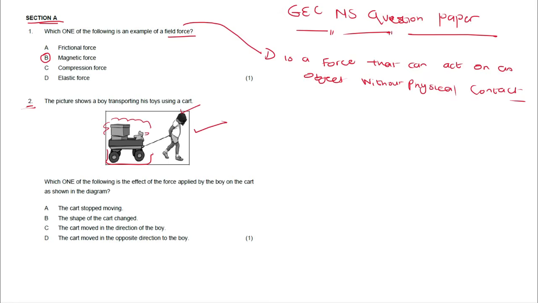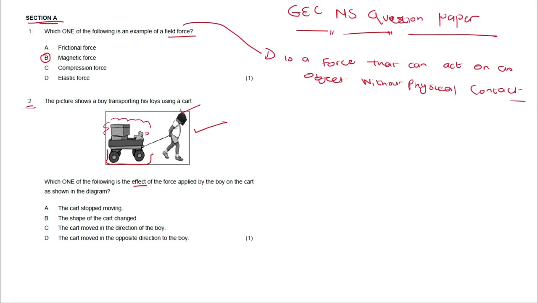The question says, which one of the following is the effect of the force applied by the boy on the cart as shown in the diagram? Let's read our answers and see which one would fit in perfectly.